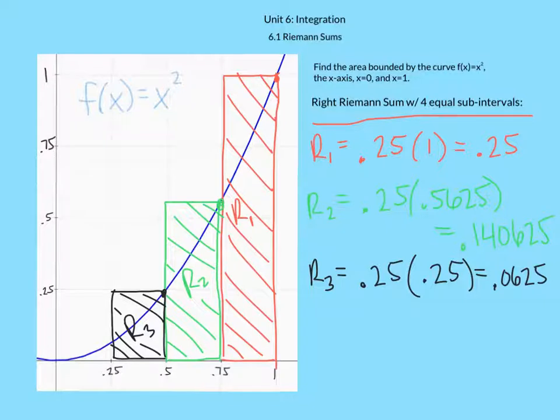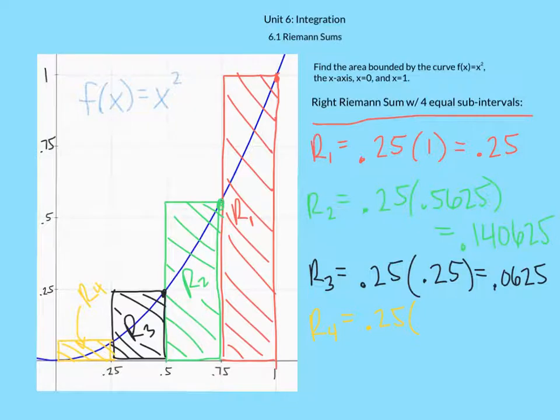And our last one is very small. It's our fourth one. Again, our base is 0.25. And our height is determined by squaring that value.